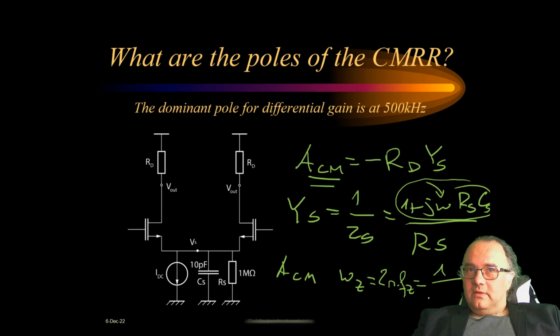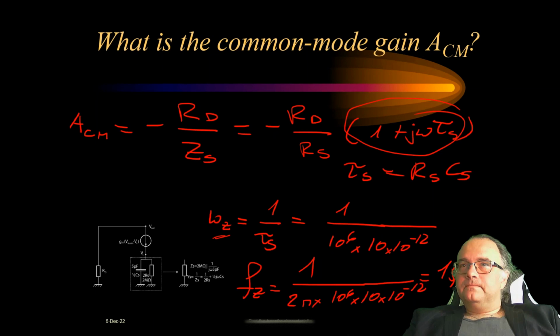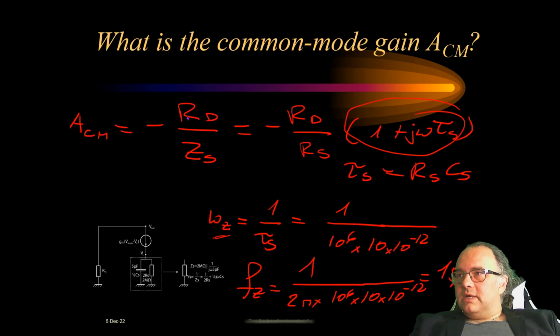Can be calculated with the number that we have to be 10 to the power of minus 6. So I'll just rewrite it here. So the common mode gain as calculated was minus RD divided by ZS, and for ZS is this here, as given here. If you work it out, you'll have in the common mode a zero here, and the zero of course is 1 over tau s, where tau s, the time constant of ZS, of this capacitor and resistor, is Rs times Cs.